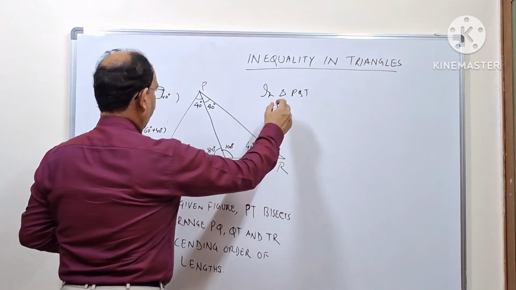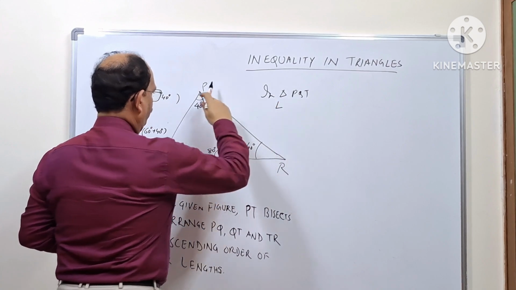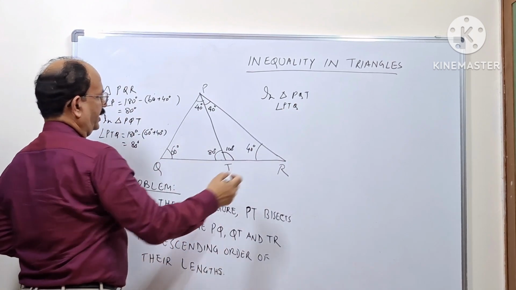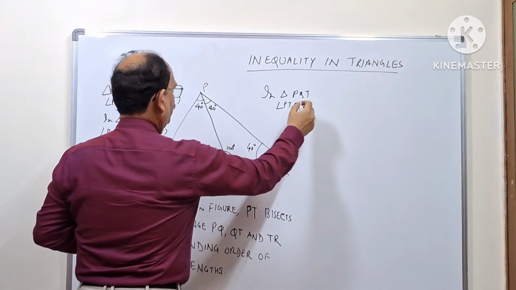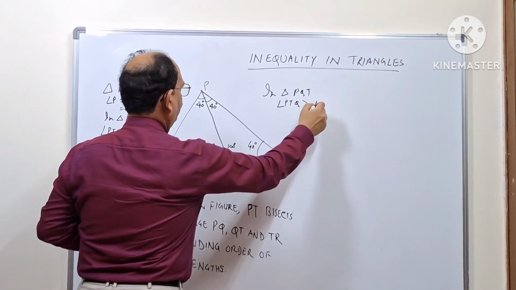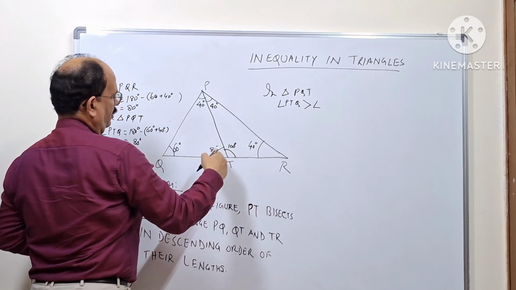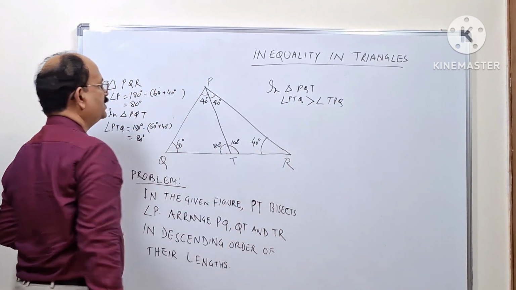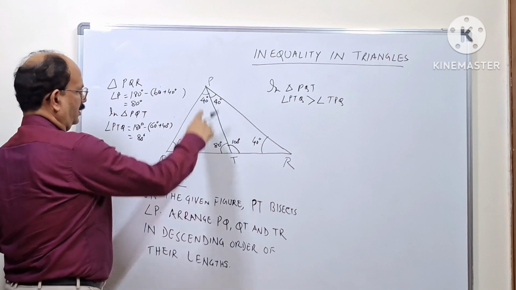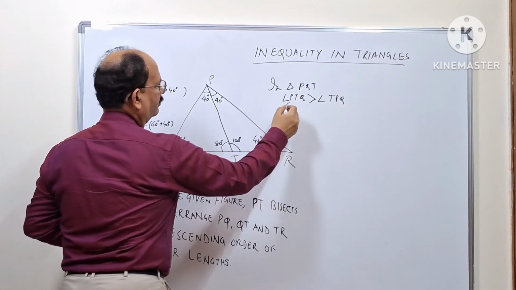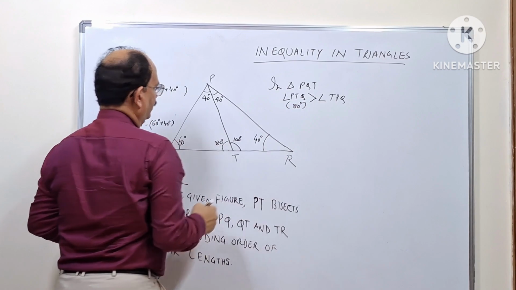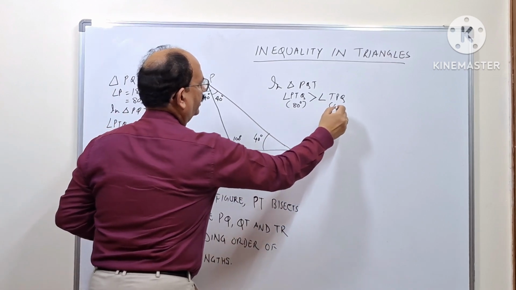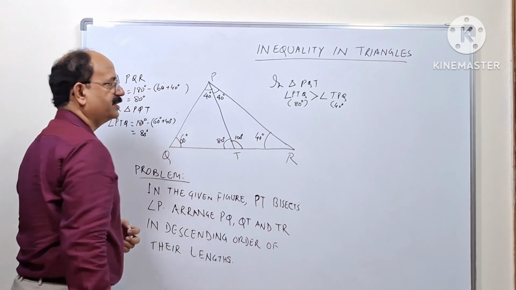So in PQT, angle PTQ is greater than angle TPQ, because PTQ is 80 degrees and angle TPQ is only 40 degrees. So this angle is greater than this angle.